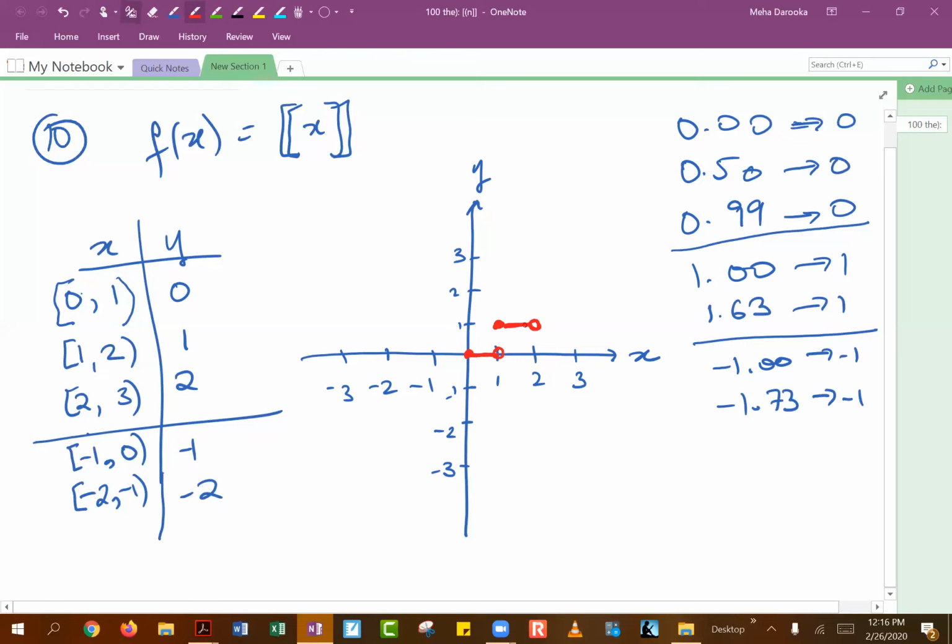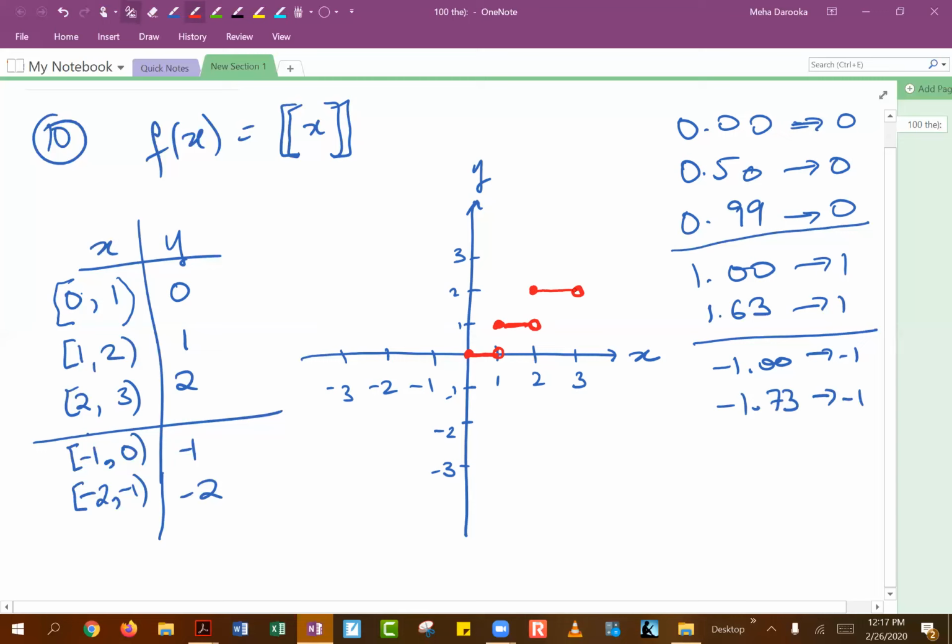This pattern will keep continuing as we change our interval. Now if you go from 2 to 3, we are at 2. So again, closed circle at 2, open circle at 3.